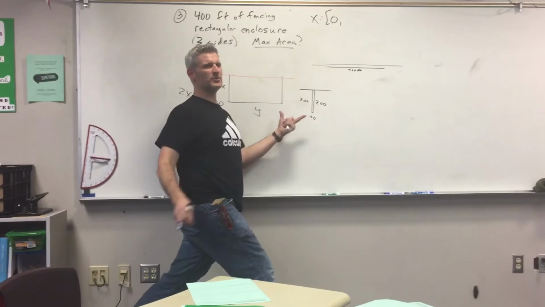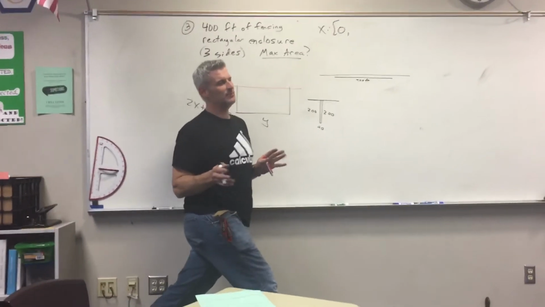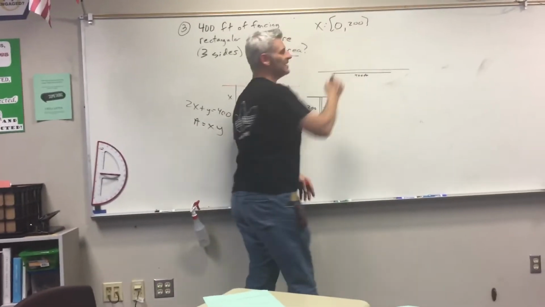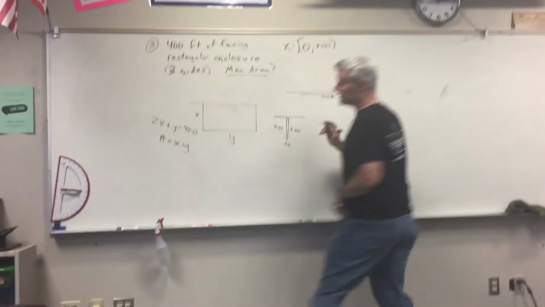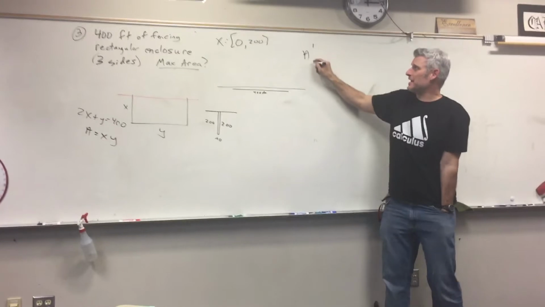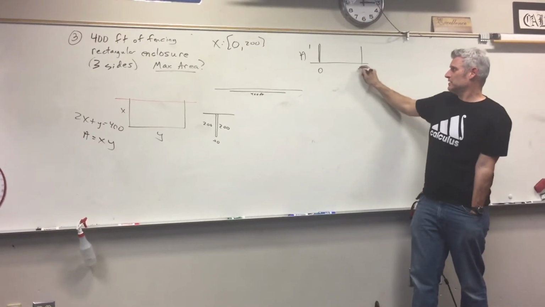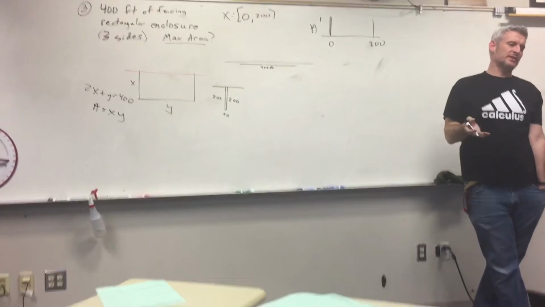So x could be 200. We don't want it to be 200 because then you have no area that way. But at least I have a little boundary. It's almost like I'm thinking that my area maximization is going to be forced between 0 and 200. I hope my answer is between 0 and 200. It kind of has to be.